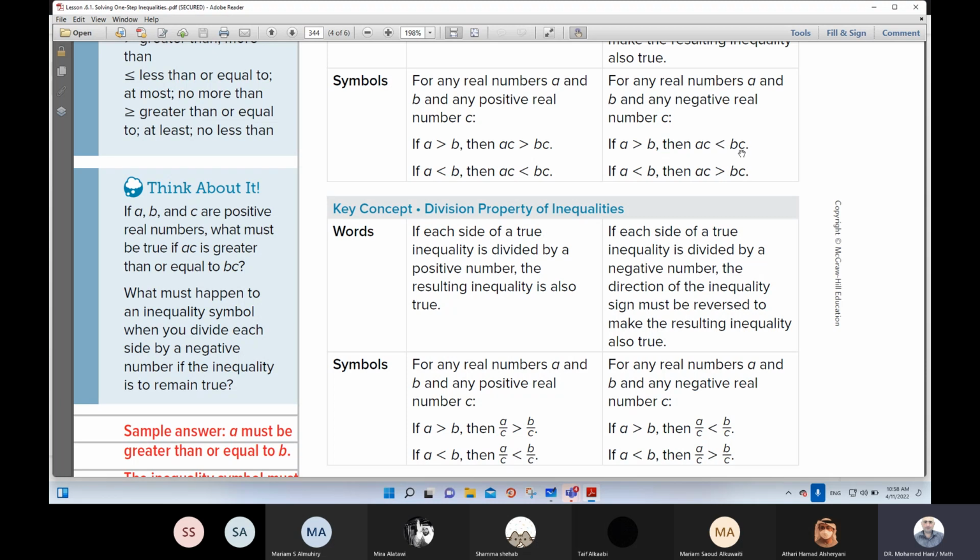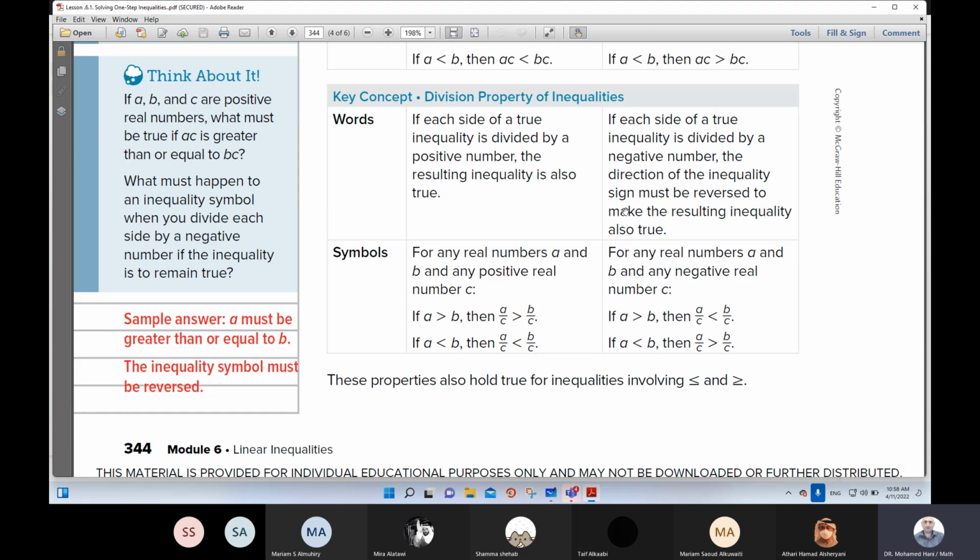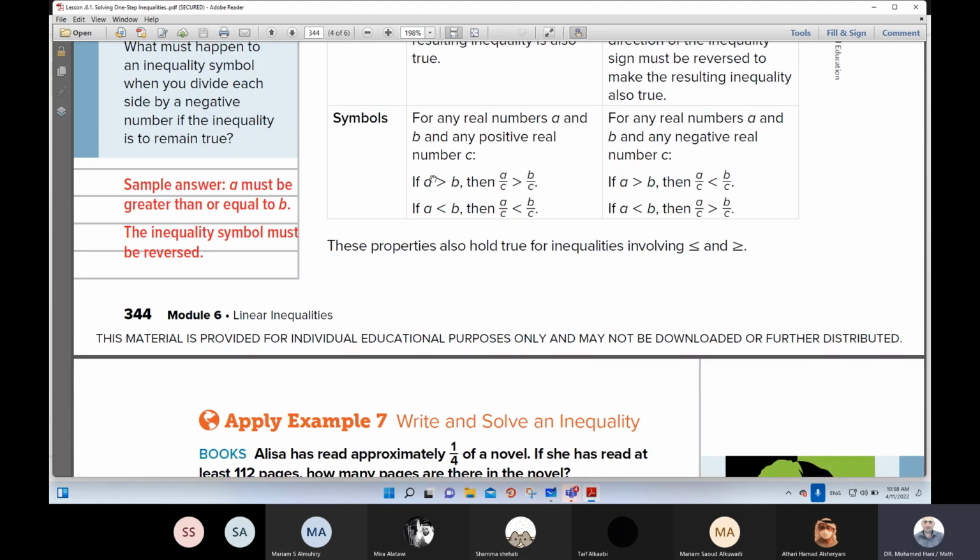And also the same idea when you divide. If you divide the inequality by the same number, and this number is positive and doesn't equal 0, you will get the same sign, no change in the sign.